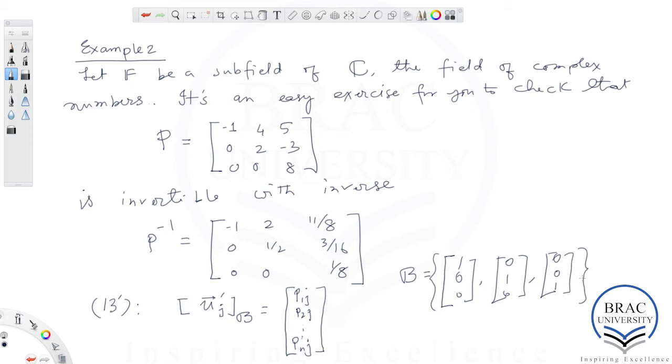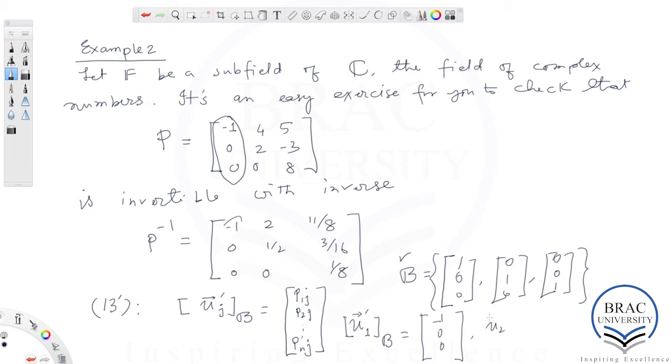Now, according to 13 prime, if I take the coordinate matrix of u prime 1 relative to this standard basis of R3, this is going to be the first column of the matrix P, which is minus 1 0 0.